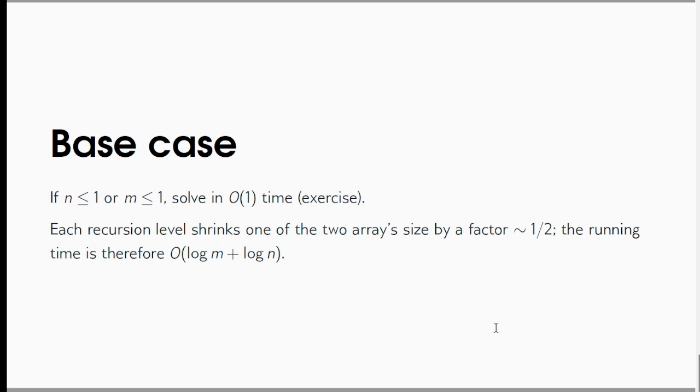In each recursion level, we shrink one of the two arrays' size by a factor of 1/2, and we can shrink the size of A at most log n times and the size of B at most log m times. So there should be at most log n plus log m levels of recursion. At each recursion level, we only do a constant amount of non-recursive work. Therefore, the running time is log n plus log m.